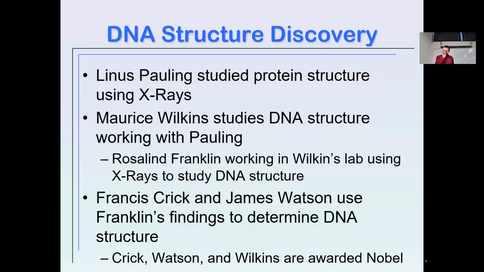All right, so how did we actually figure out what the DNA structure looks like? Well, we got to about the 1950s. We start really beginning to understand, we've got definitive proof at this point that the chromosomes are what's actually carrying genetic code.